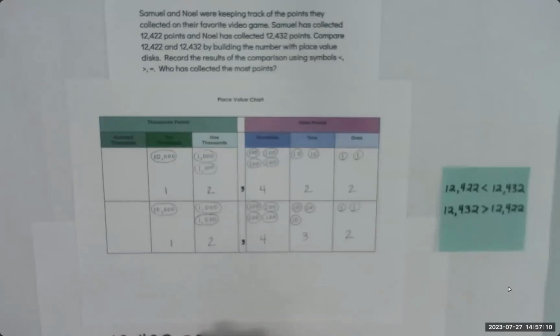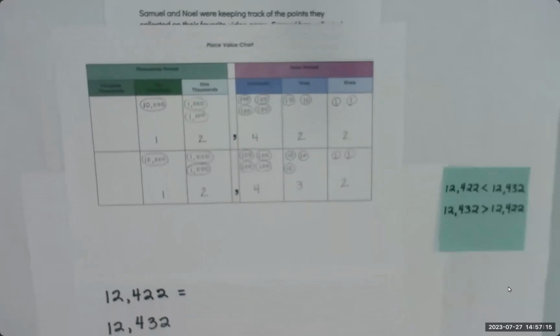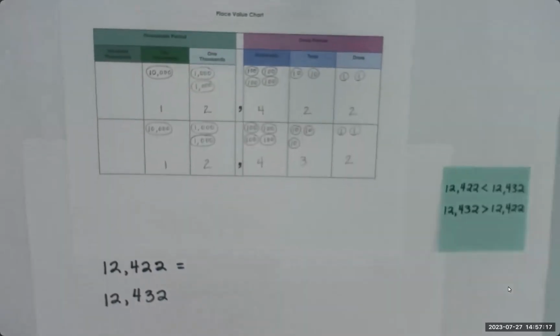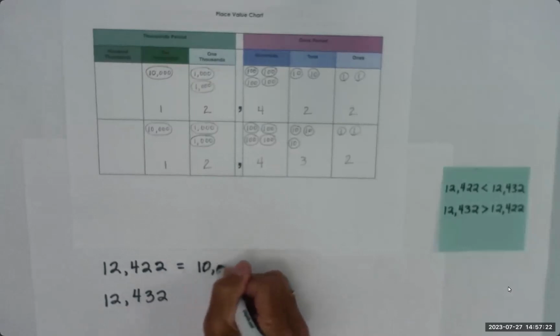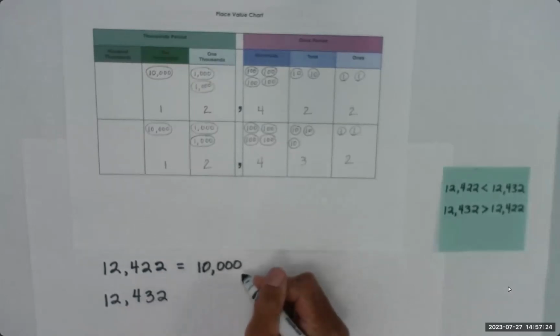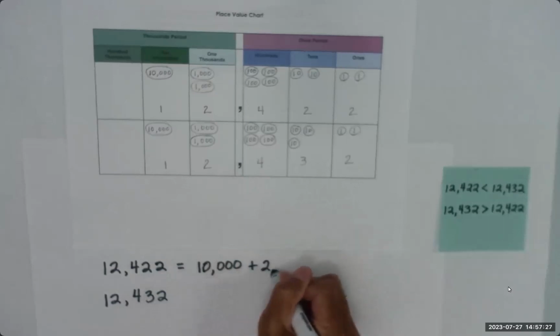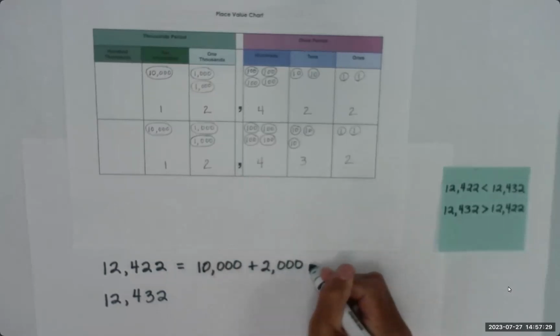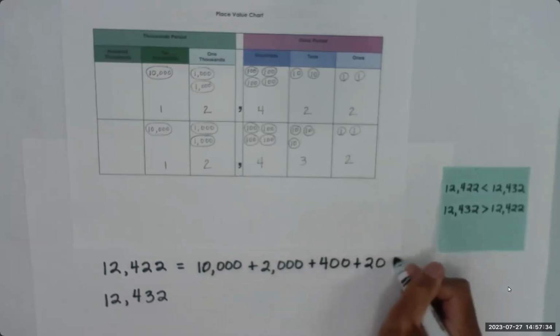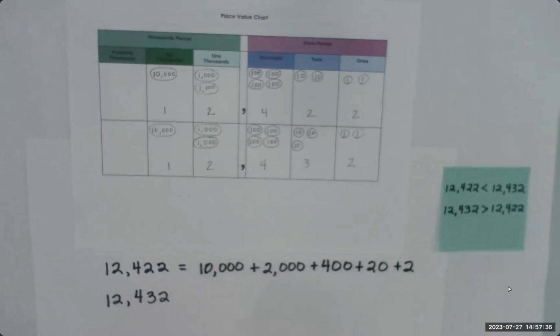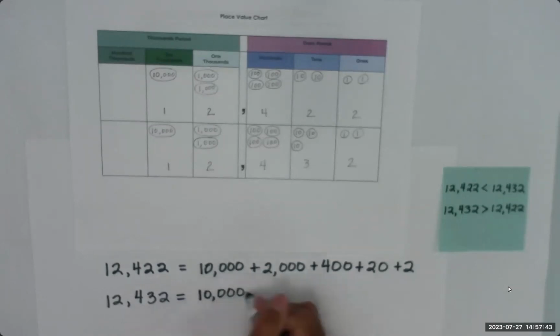So we could expand 12,422 as 10,000 plus 2,000 plus 400 plus 20 plus 2. And then we could expand 12,432 by its place value in the same way.